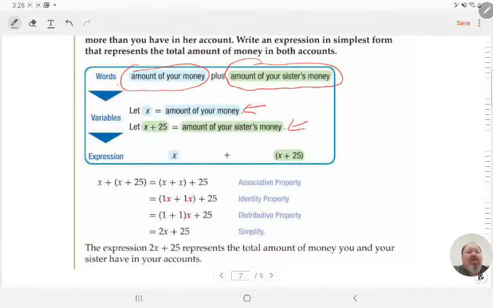Now, if we want to know the total, we just add the two together. So that's where you would have X plus X plus 25. We could regroup it and say X plus X, which would give me 2X, and then 2X plus 25.